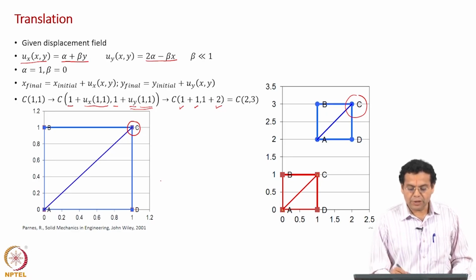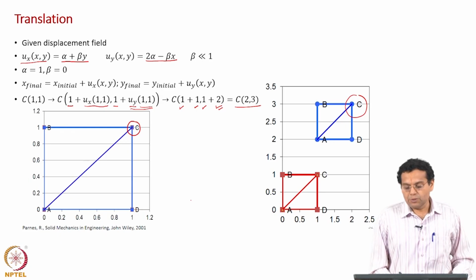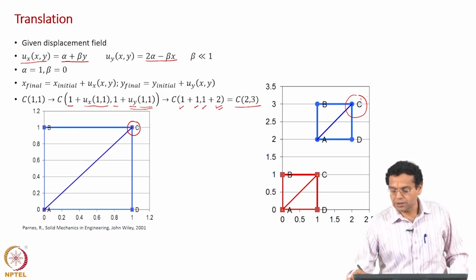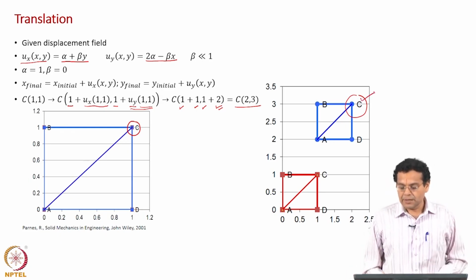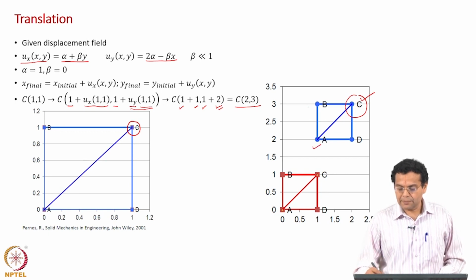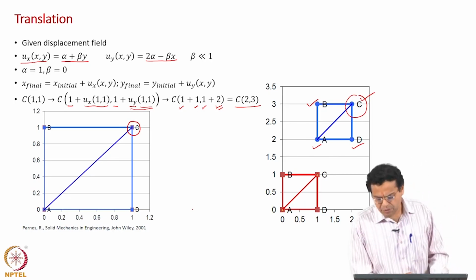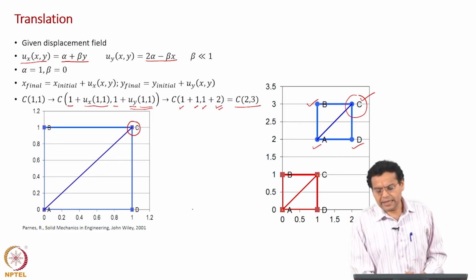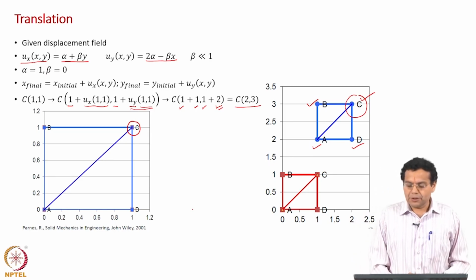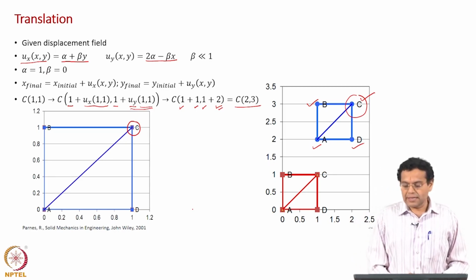So, the new y coordinate is the old y coordinate 1 plus the vertical displacement 2. If you sum up, the new coordinates are 2 comma 3, and that is what is shown here. Likewise we can calculate for A, B and D, and you can draw the square connecting A, B, C, D, which shows the new coordinates of A, B, C, D.